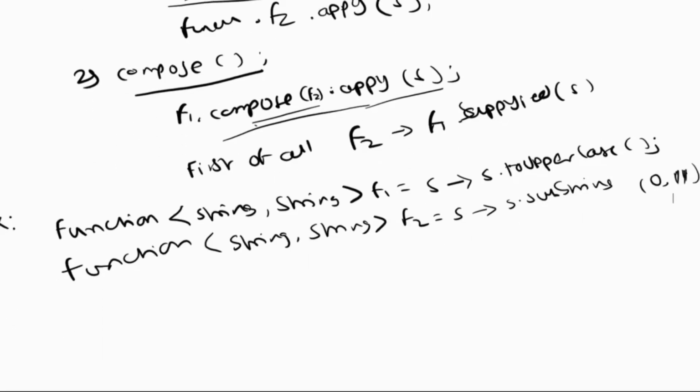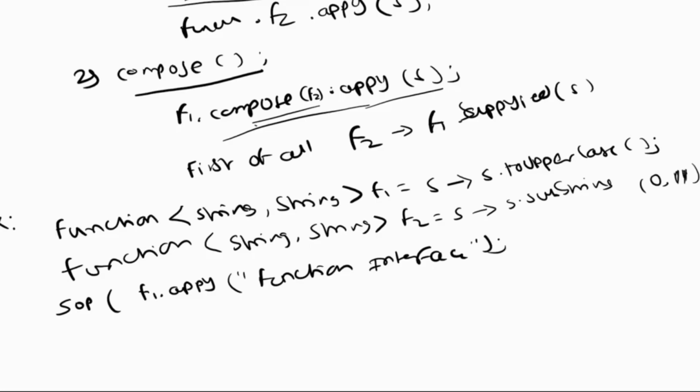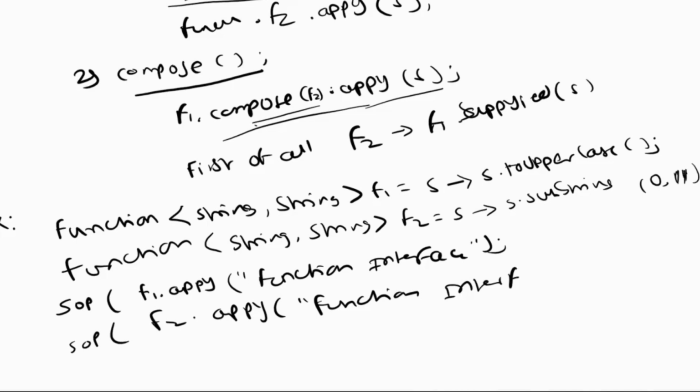Okay, now let us go further. What we have to do? SOP F1.apply. I'm explaining both of them, so do not feel confused. Our functional interface. This is our normal function. SOP F2.apply on the functional interface.